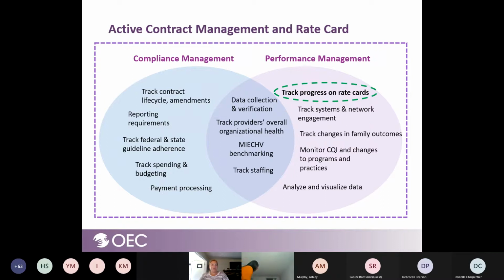Performance management is intended to track how effectively providers are meeting family and community goals, and tracking progress on the outcomes rate card will fall under the performance management piece of the ACM process. Questions on the ACM process can be directed to either the GPL team, who you will meet on Friday, or to your family liaison.